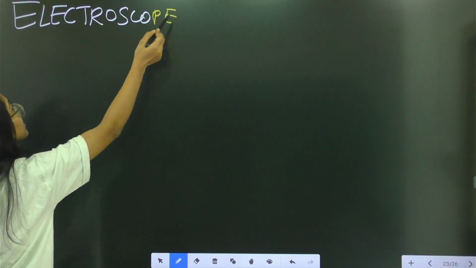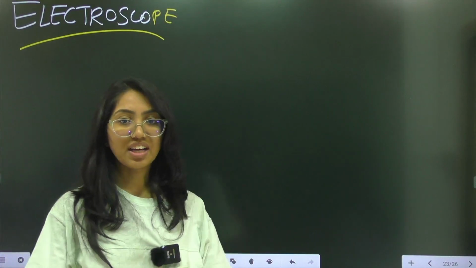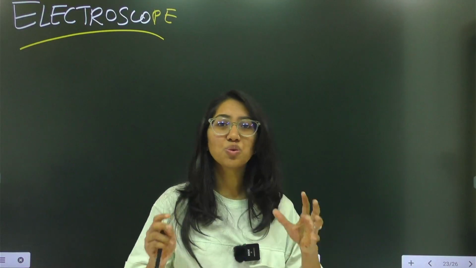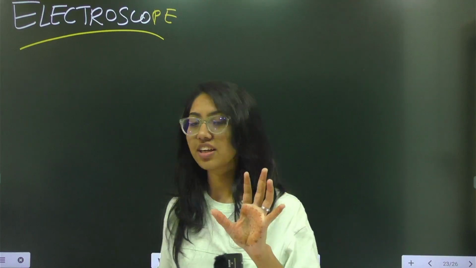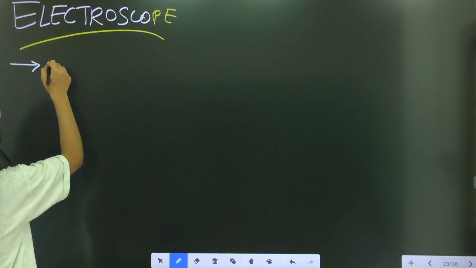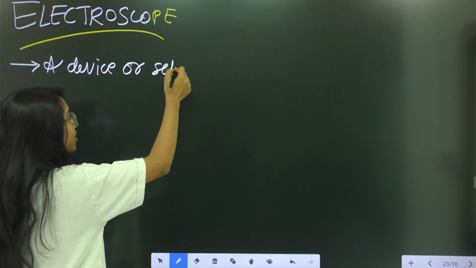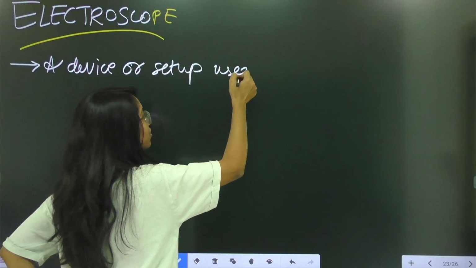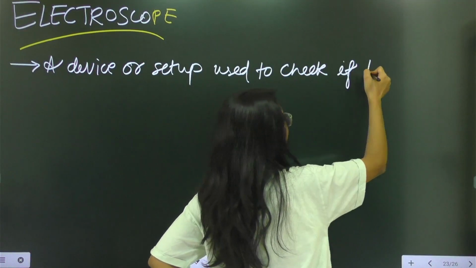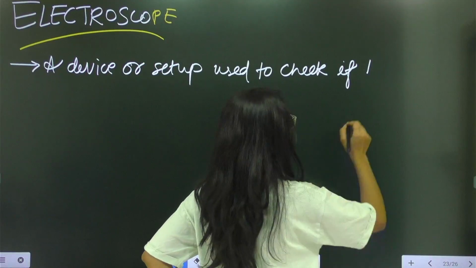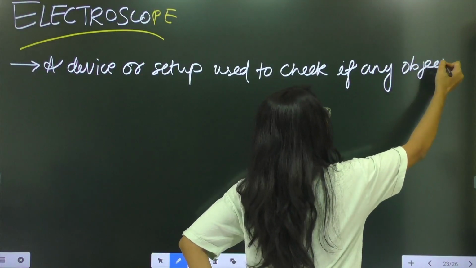Well, an electroscope is basically a kind of device, it's not even a device, it's kind of a setup or an instrument used to check if there is a charge in any object or not, if any object is charged or not.